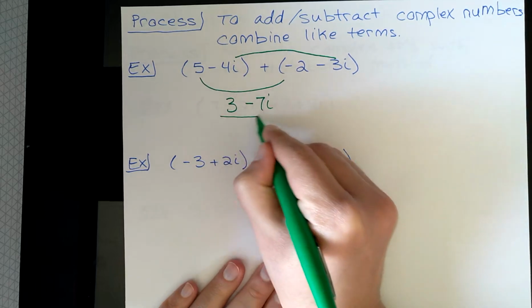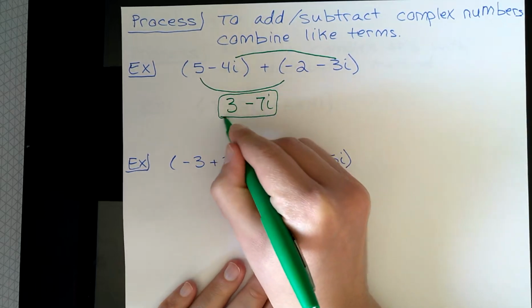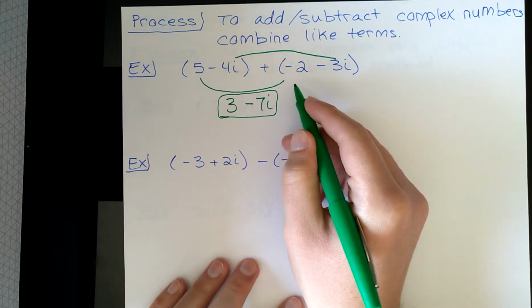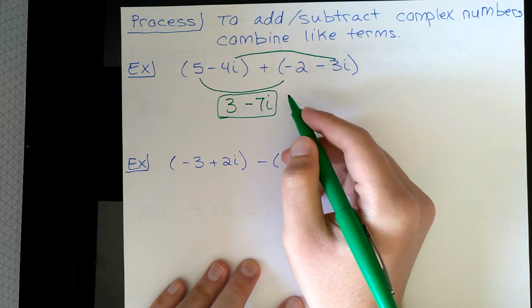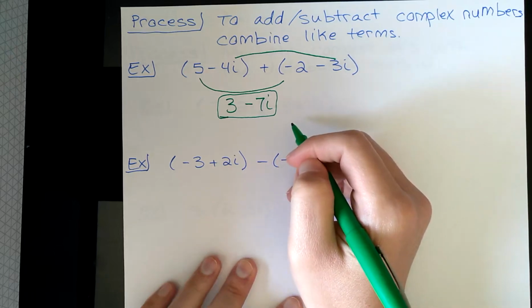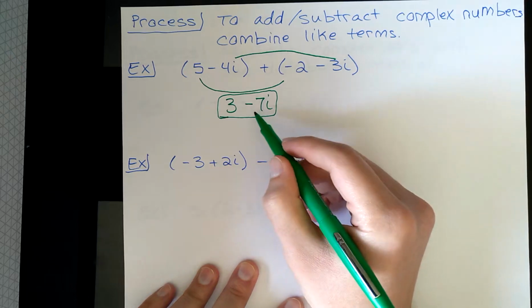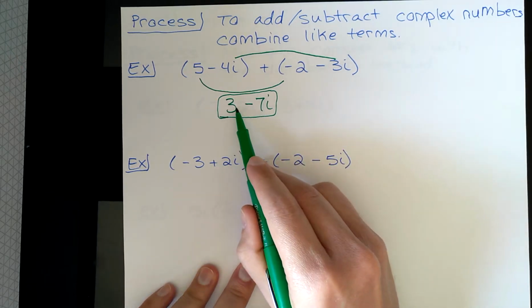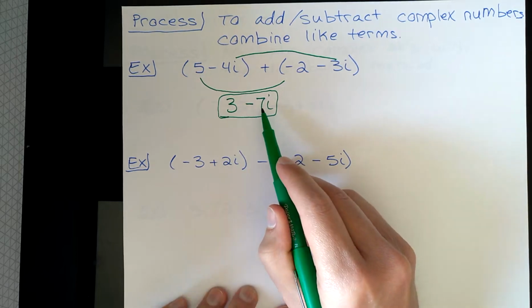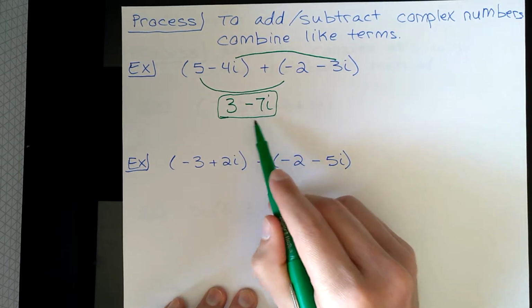And that's it. We have the simplified form of these two complex numbers being added together, just as if we were adding two real numbers, like 5 and negative 4. Okay, so again, notice we wrote the real part, then the imaginary part. It is proper notation, so we can leave it like that.